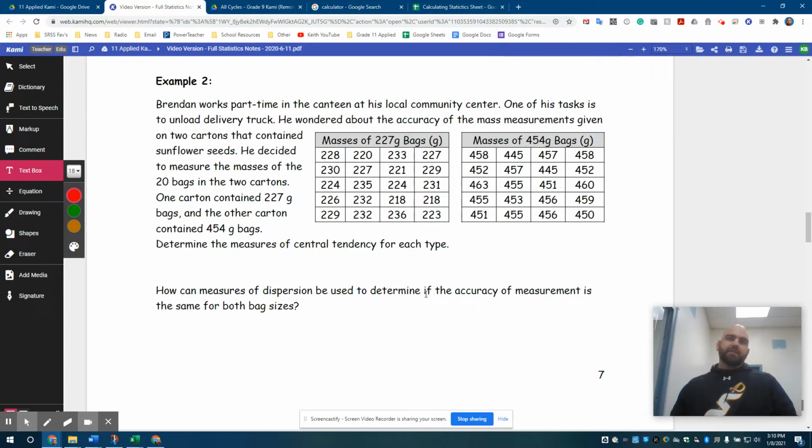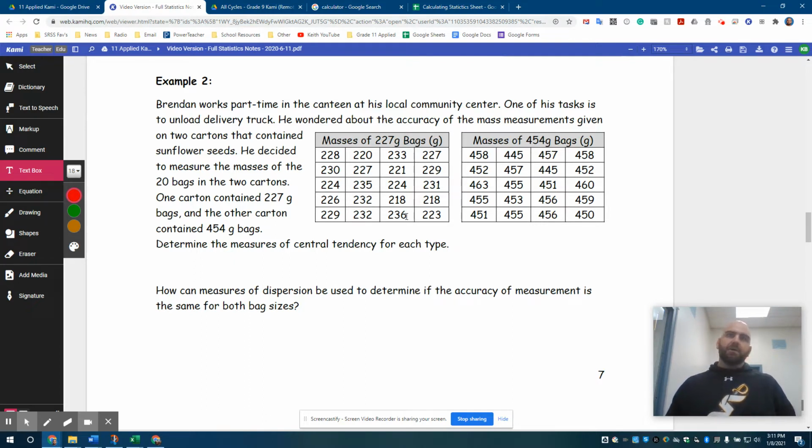So here, Brendan decided he was going to measure 20 bags of both a 227 gram bag, or at least what it says is 227 grams, and a 454 gram bag. In the 227 gram bag carton, the 20 bags you'll notice have a bunch of different masses. There is a low of 218 and a high of 236.